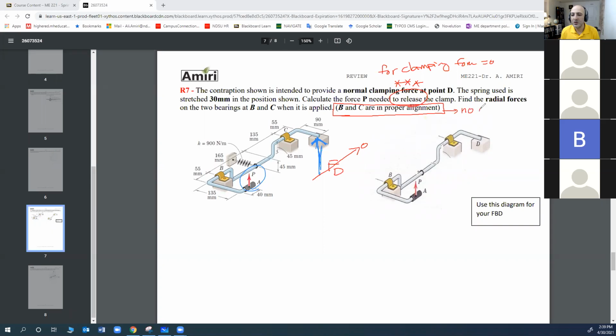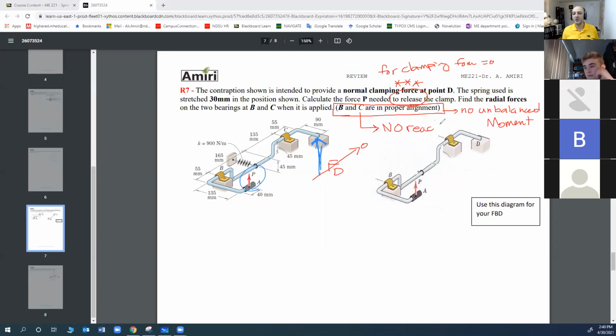That means no unbalanced what? It's not like a moment. Moment. Great. No unbalanced moment. So if there is no unbalanced moment, what does that mean for these two bearings? Step 2. They don't cause a moment. So there is no reactive or reaction moment on B or C. That's the meaning of proper alignment.